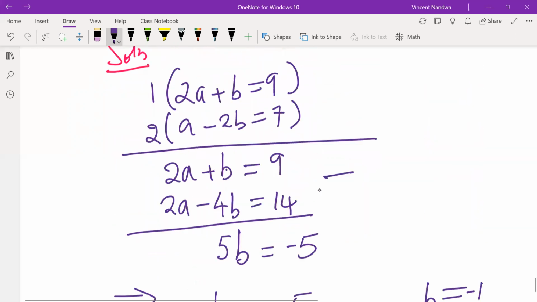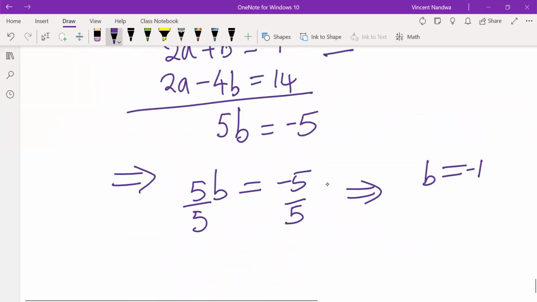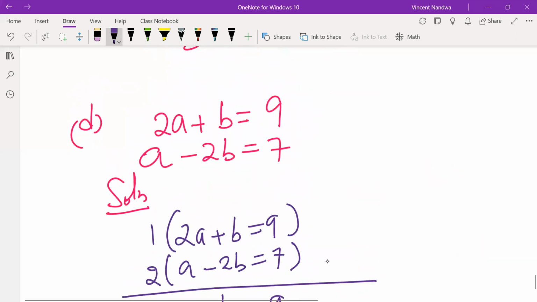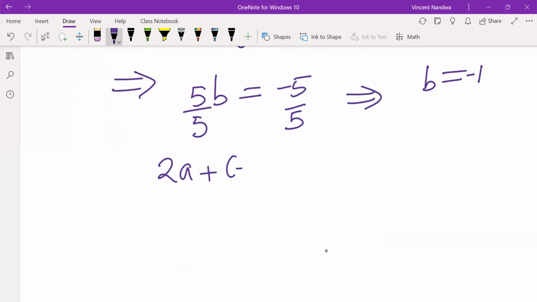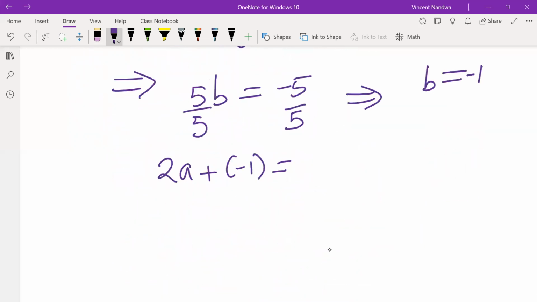Now with that solution, we can use the first equation. So 2A plus, where there's B, we put negative 1, then the answer should be 9. So this is 2A minus 1 equals 9.